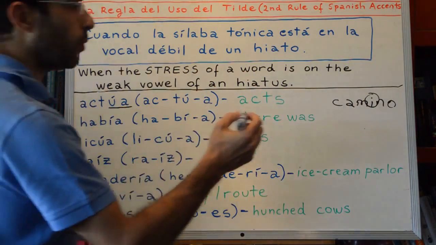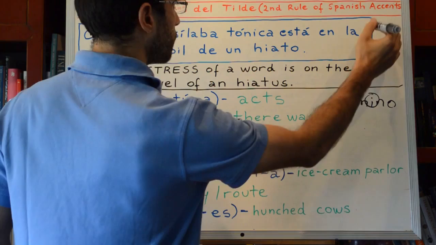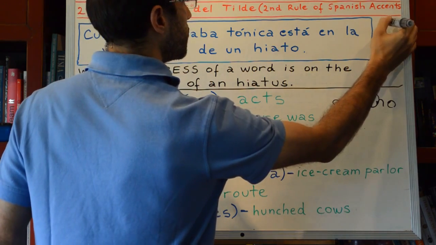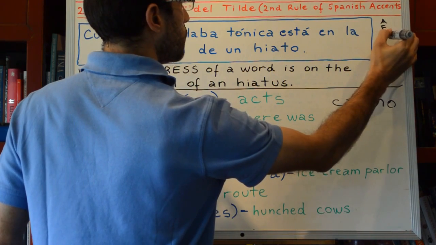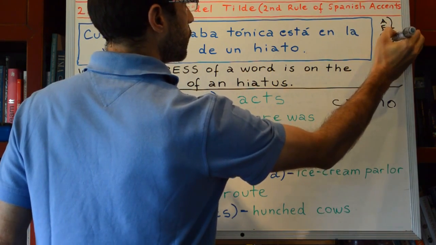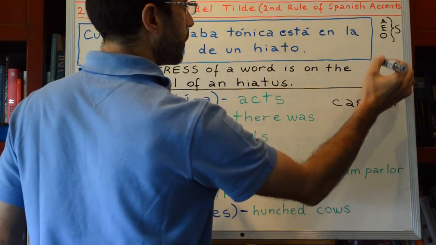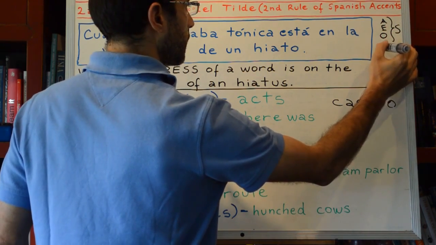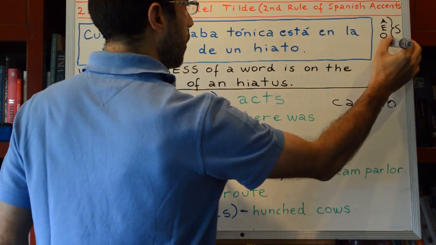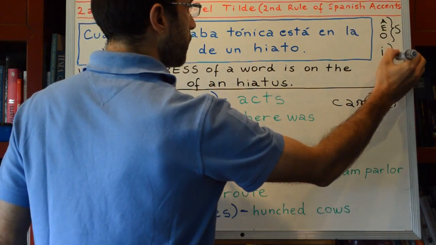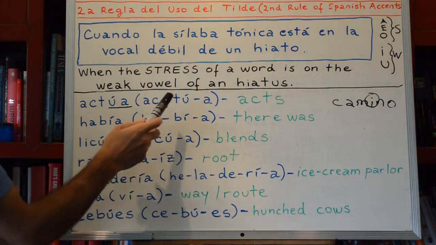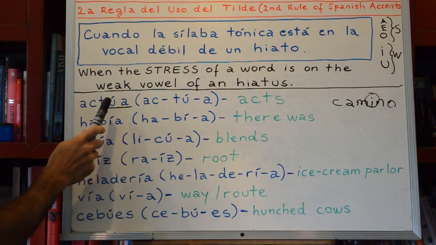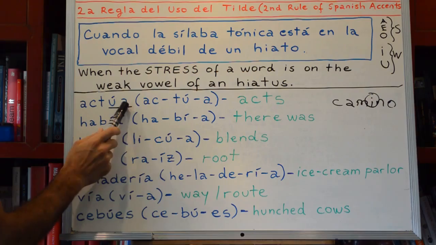Let's review which are the weak vowels and which are the strong vowels. So, A, E, and O are strong vowels. I and U are weak vowels, okay? So here we have an hiatus formed by a weak vowel and a strong vowel.